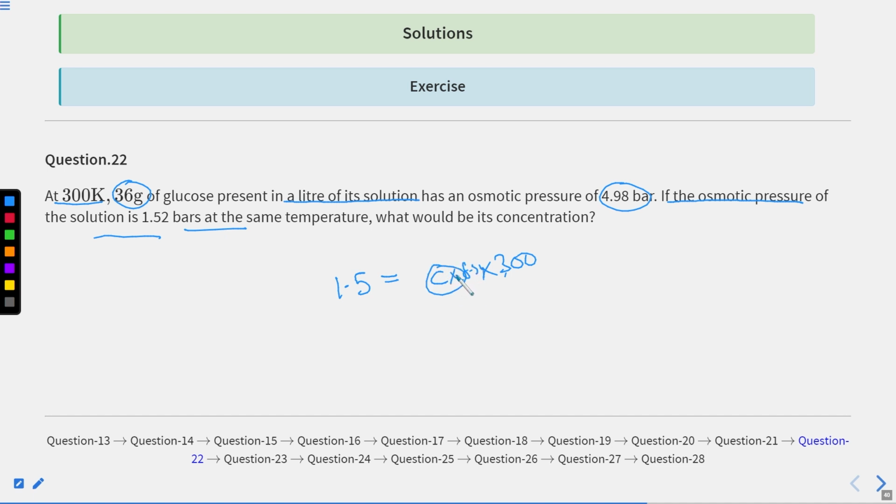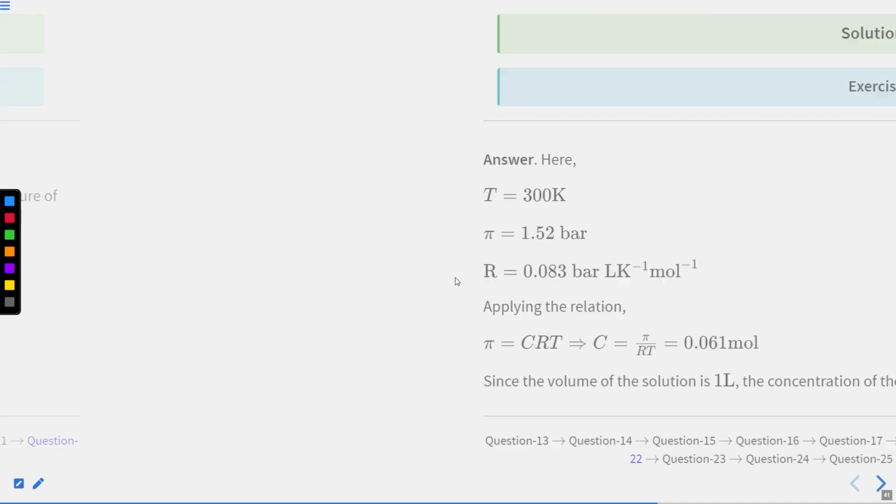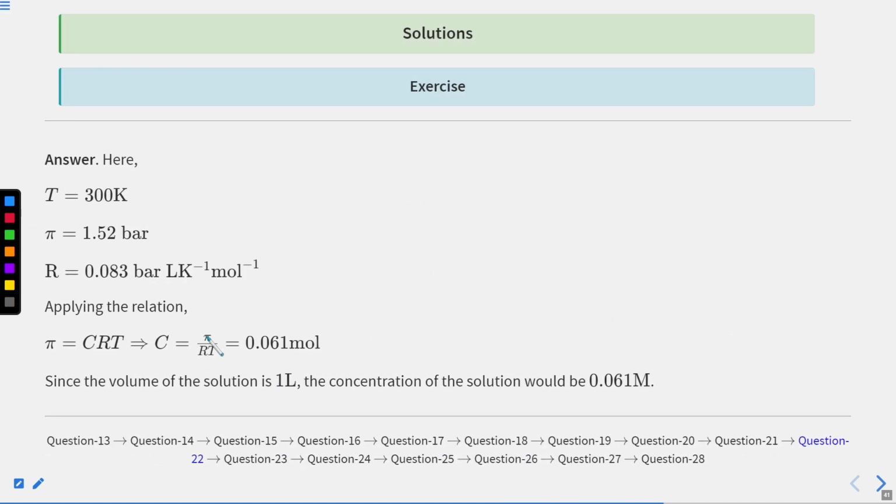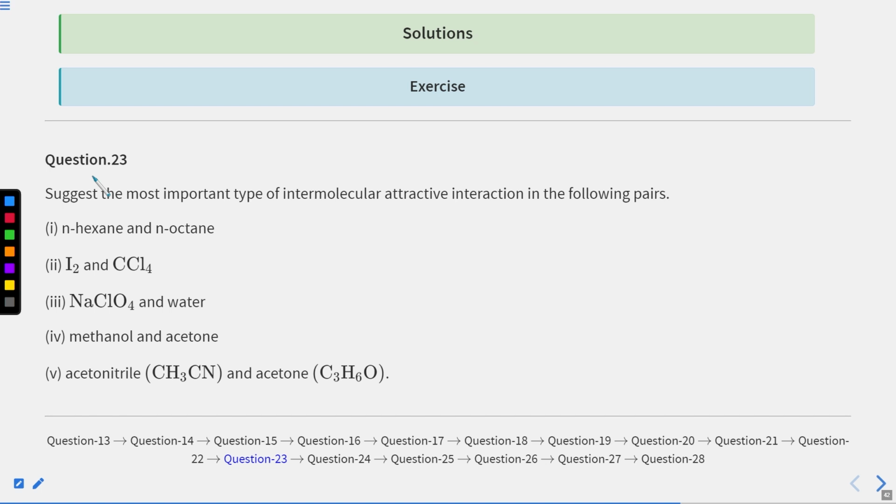So we can calculate the concentration from here. Very easy, just pi by RT, that would give us 0.061.